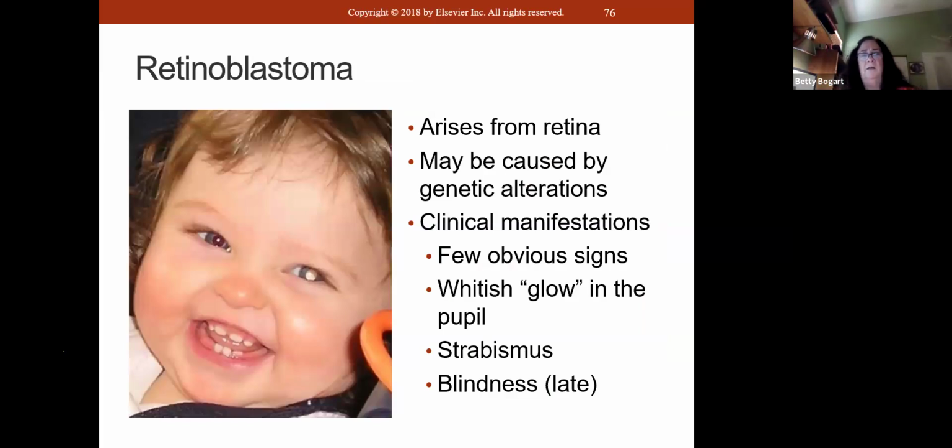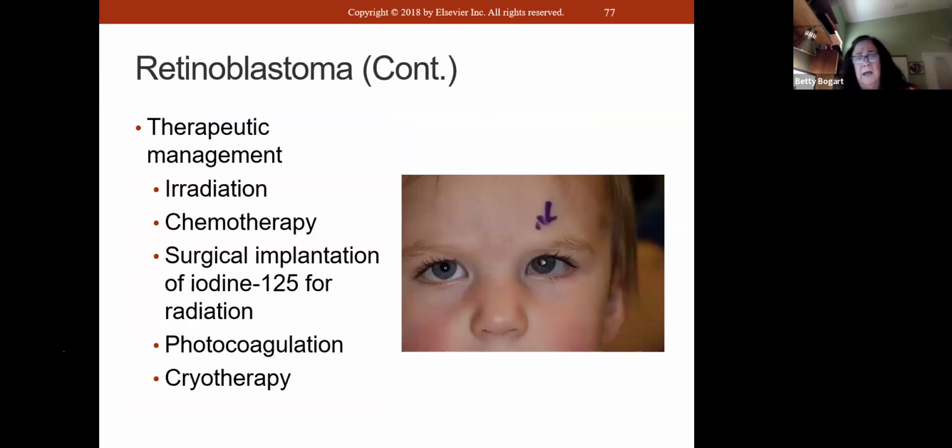Retinoblastoma, cancer of the eyeball. Ever see a cat out in the dark, or a dog or an animal, and you see those shiny white eyes? It's called a cat's glow or cat's eye, and that's telling us there's a tumor in there. I've seen a little 8-month-old girl. All of a sudden, I saw that eye and I went, "Oh my, what is that?" And again, we diagnosed her there. How do we take care of this?